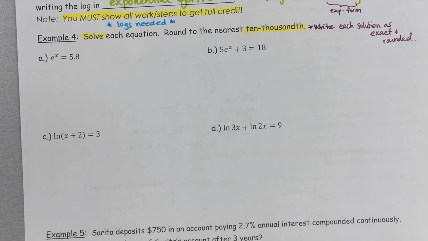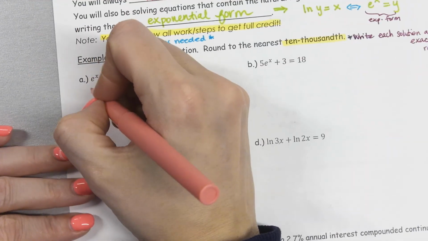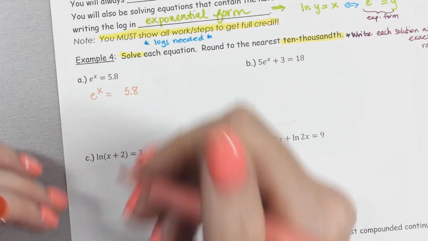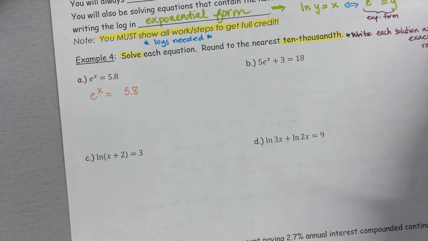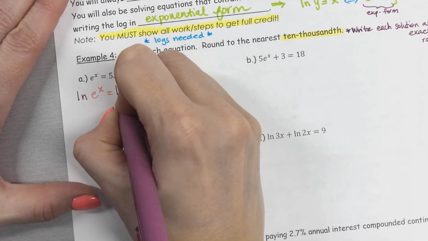For the first one we have e to the x equals 5.8. The first thing we have to do is isolate. Well, this is already isolated. So once you have it isolated, all you need to do is take the natural log of both sides.